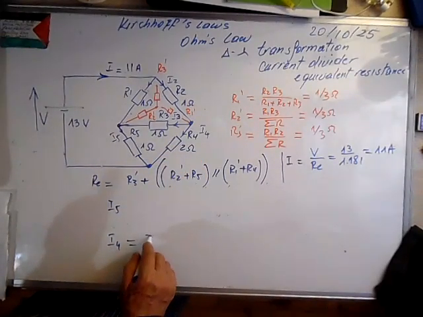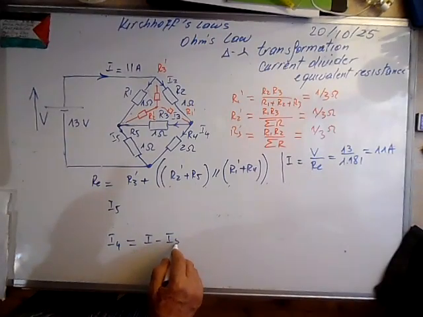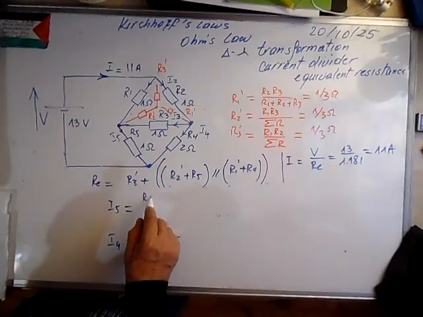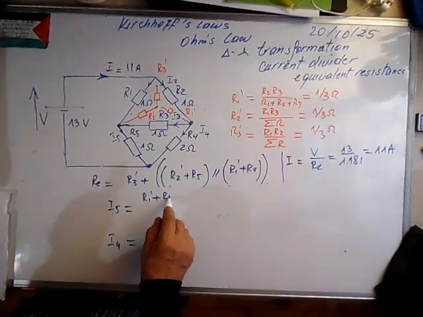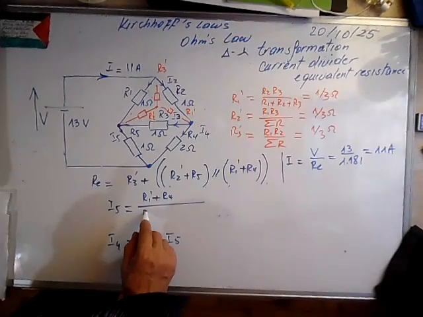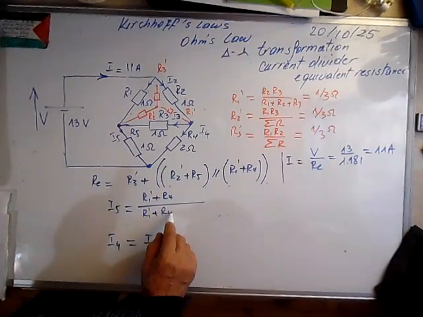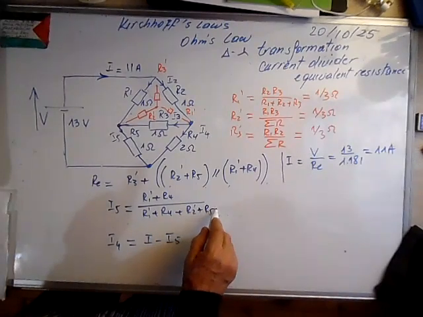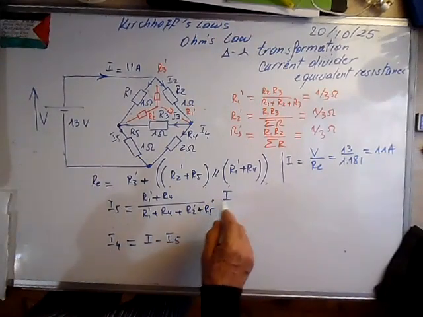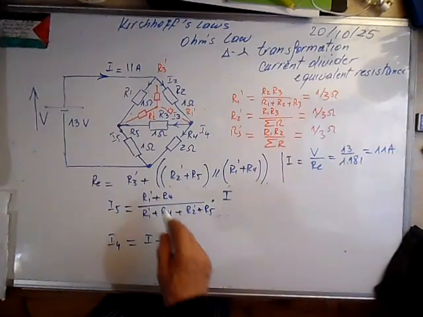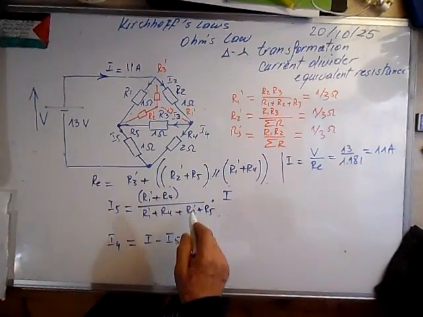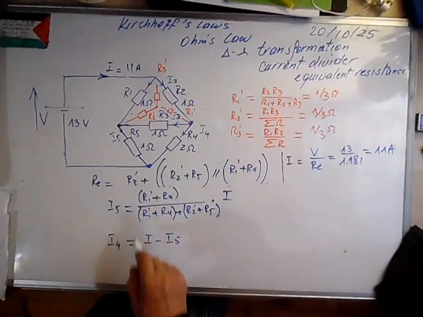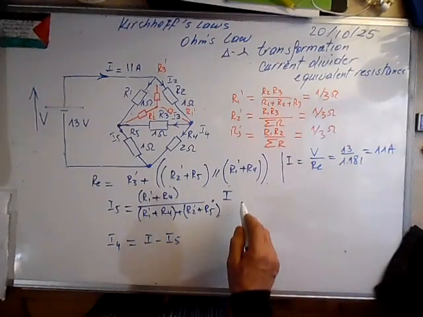I4 will be I minus I5, and I5 is equal to R1 prime plus R4 over R1 prime plus R4 plus R2 prime plus R5 times the main current. This is when we have these two resistances in parallel. That's why we can use the current divider to calculate the current.